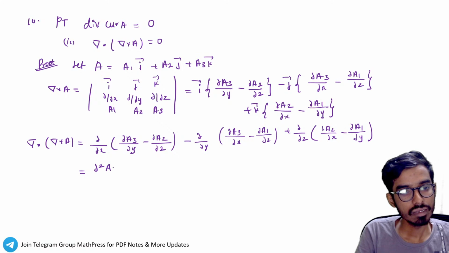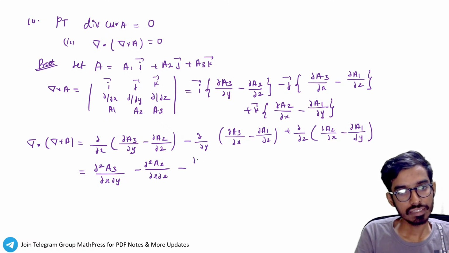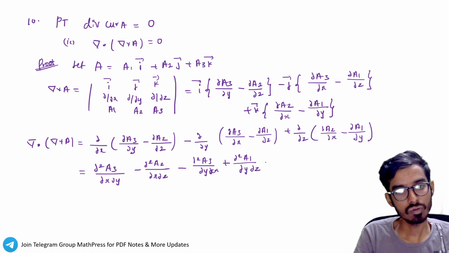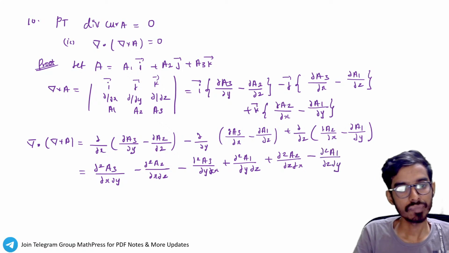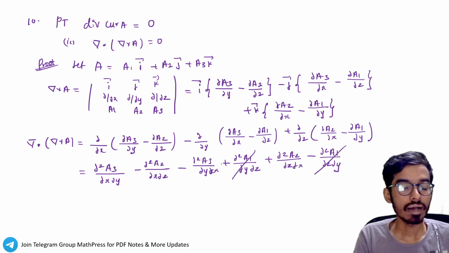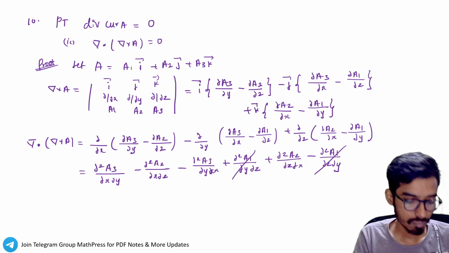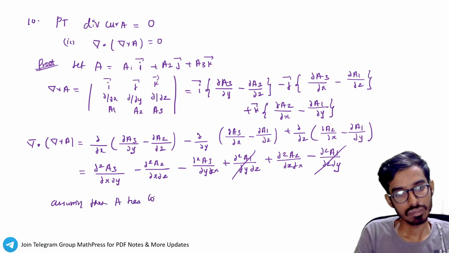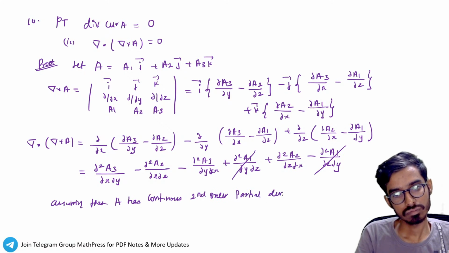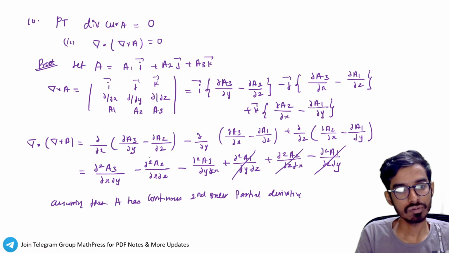So this will be ∂²A3/∂x∂y minus ∂²A2/∂x∂z minus ∂²A3/∂y∂x plus ∂²A1/∂y∂z plus ∂²A2/∂z∂x minus ∂²A1/∂z∂y. You can see these two will get cancelled, with the assumption that A has continuous second order partial derivatives, right? Again, ∂²A2/∂z∂x will get cancelled. So we will get this to be equal to 0, right?